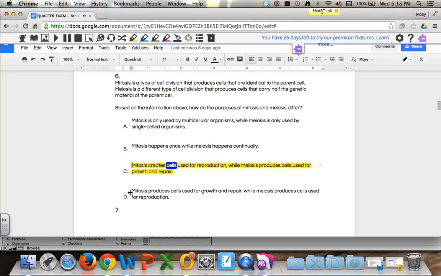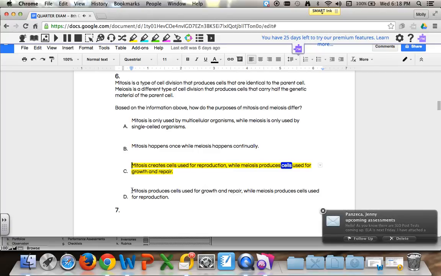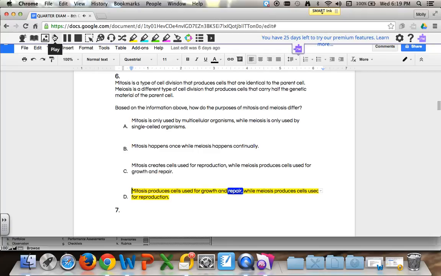C. Mitosis creates cells used for reproduction, while meiosis produces cells used for growth and repair. D. Mitosis produces cells used for growth and repair, while meiosis produces cells used for reproduction.